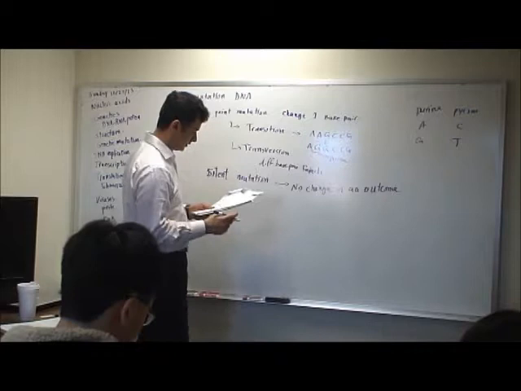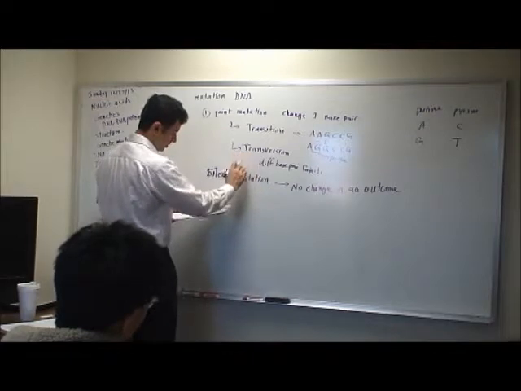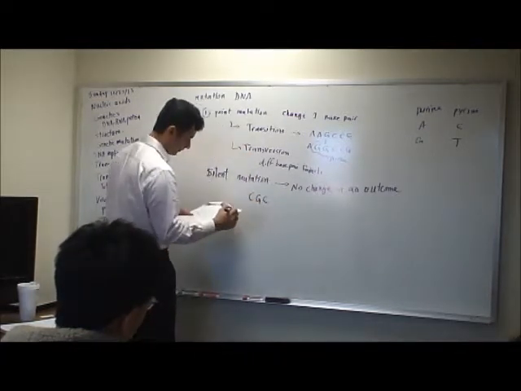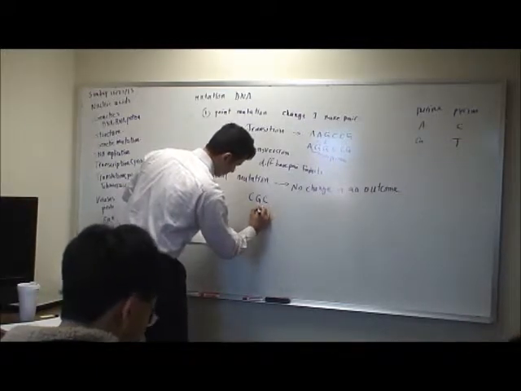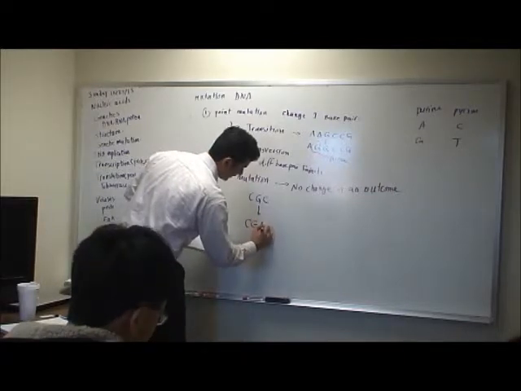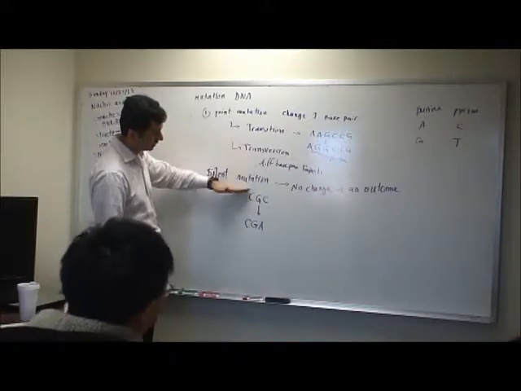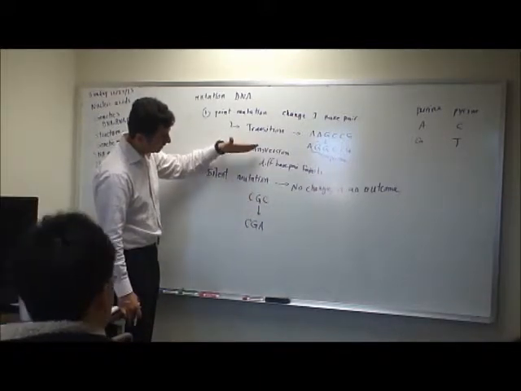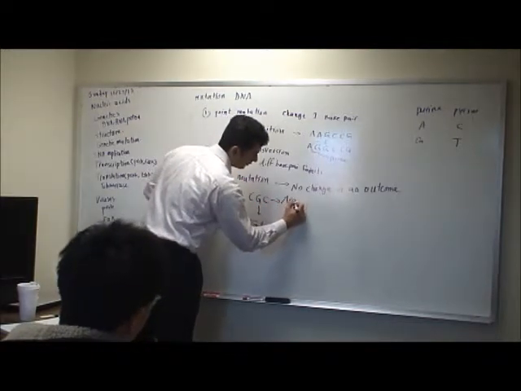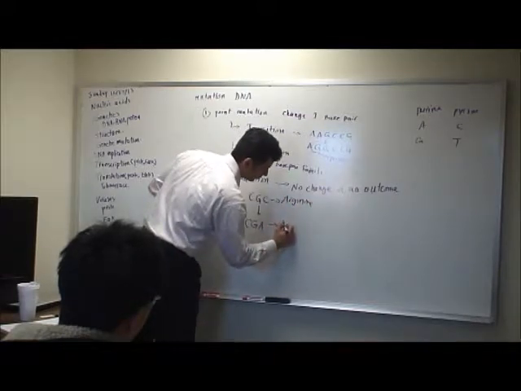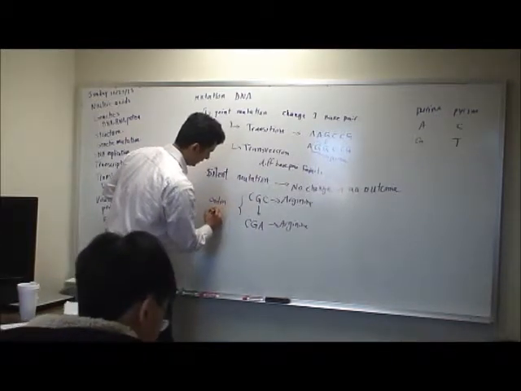The reason is, let's say you make a mutation and end with CGC, and then you change this into CGA. You've made a change in DNA that becomes an mRNA, and you make another change that gives you this one. This one codes for arginine, and this also codes for arginine. These are the codons in mRNA.